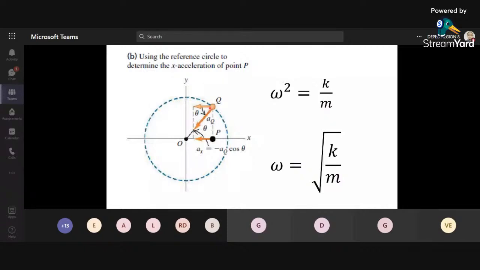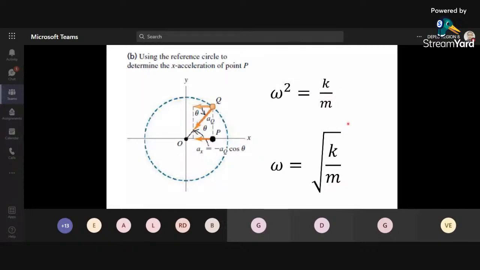Right. So we can rewrite the square of the angular speed as, okay, angular speed squared is equals to spring constant divided by the mass of the object.